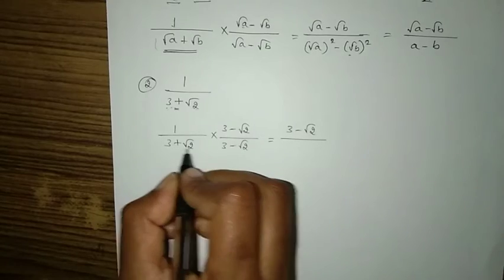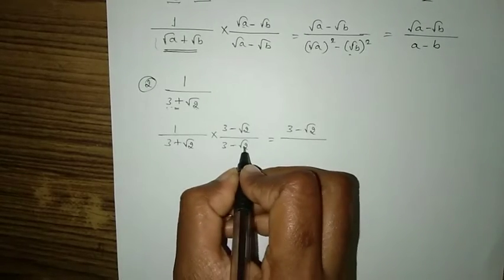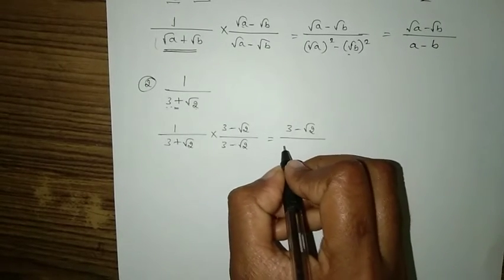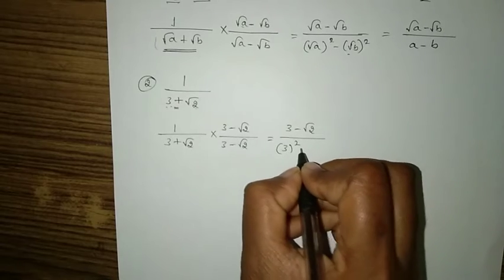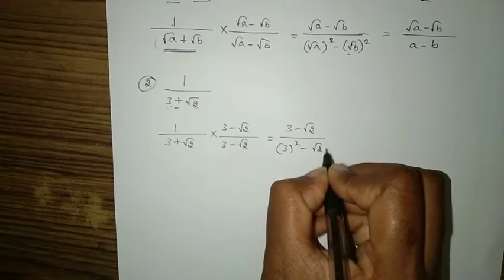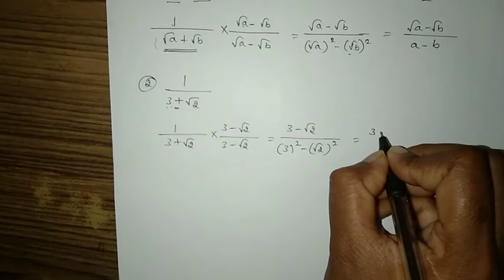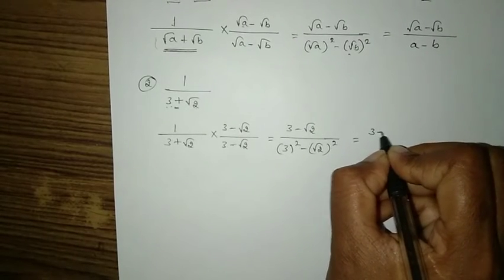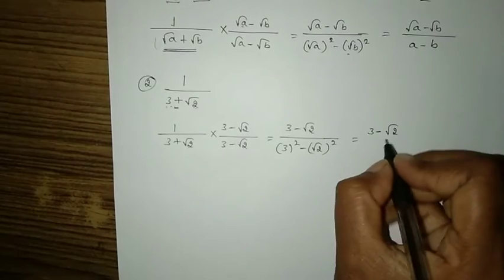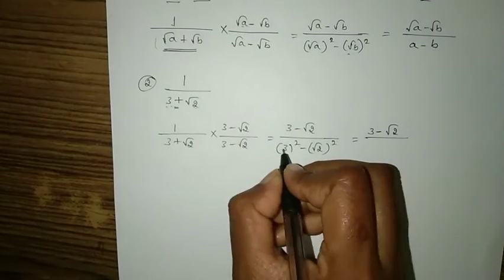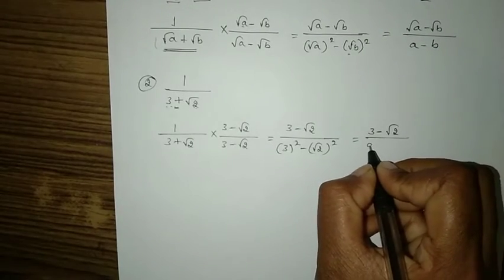here this is a plus b into a minus b. What happens? 3 whole square minus root 2 whole square. At last we get the answer as 3 minus root 2 divided by 3 square, that means 9.